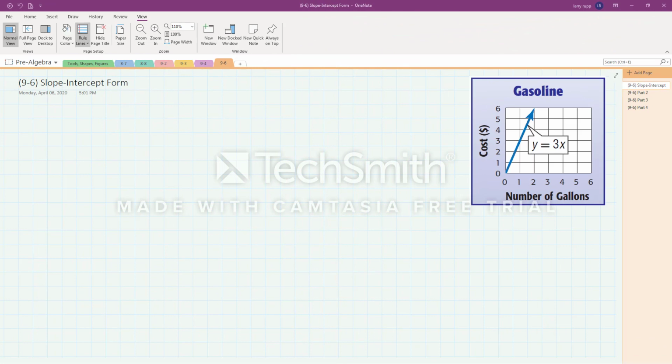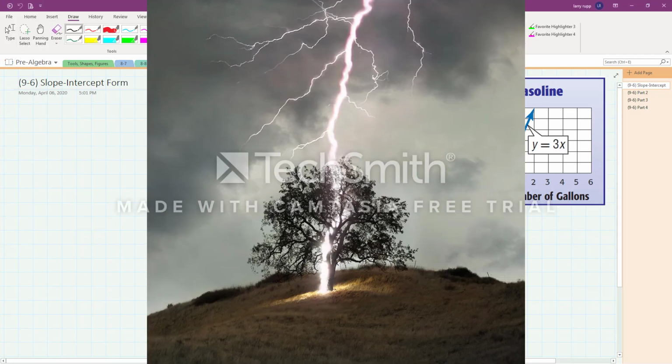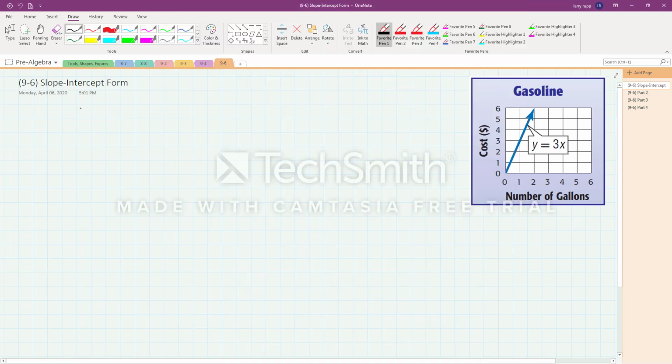9-6 slope-intercept form. Okay, way back in the dawn of time, back when we sat around the old dead tree waiting for lightning to strike so we could cook dinner, we talked about a beast called a proportional linear function.